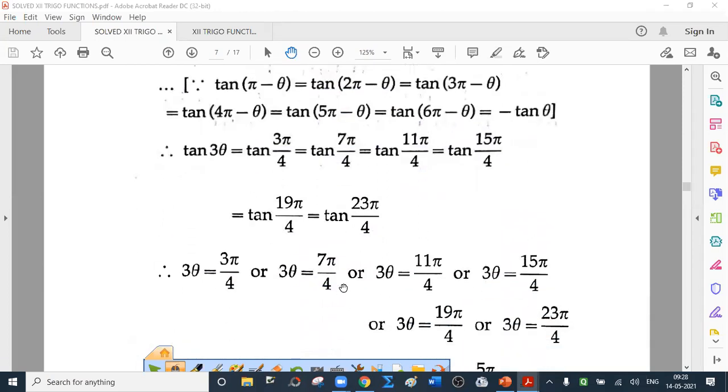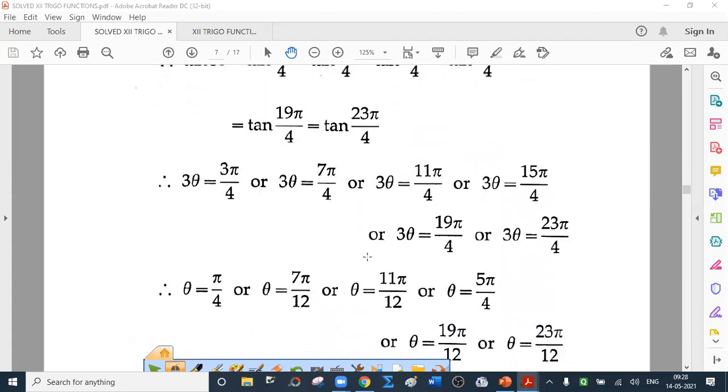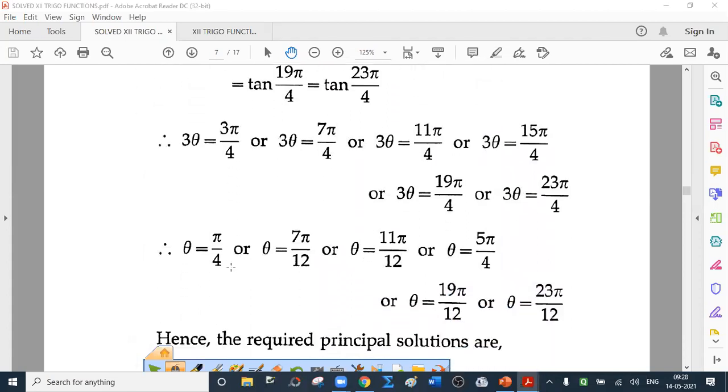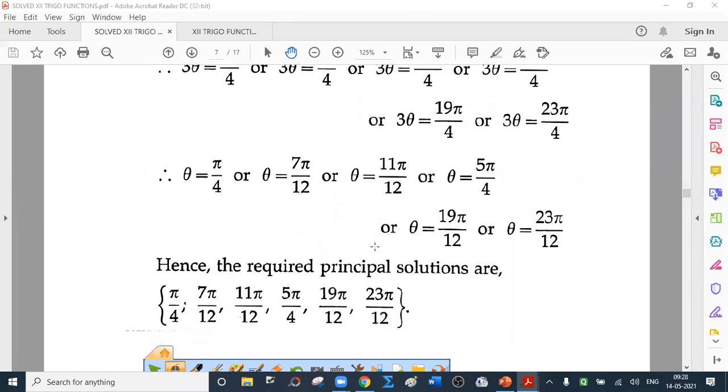So these are the values of 3 theta. But we are asked to find theta. So theta is either pi by 4 or 7 pi by 12, 11 pi by 12, 5 pi by 4, 19 pi by 12 or 23 pi by 12. So these are the required principal solutions.